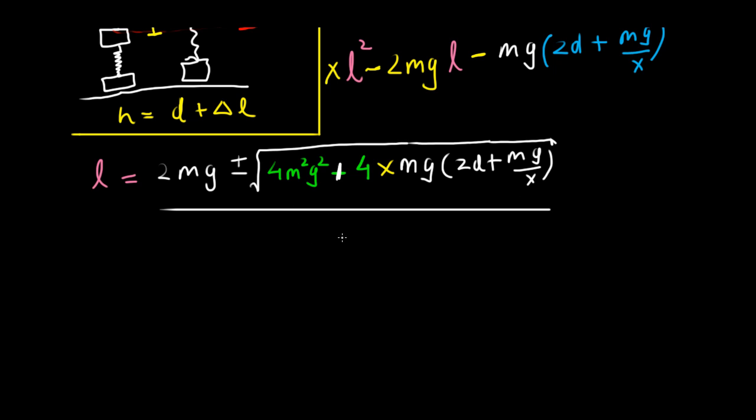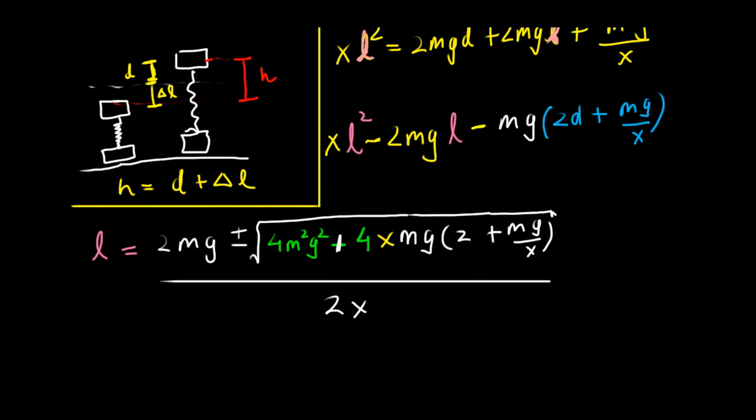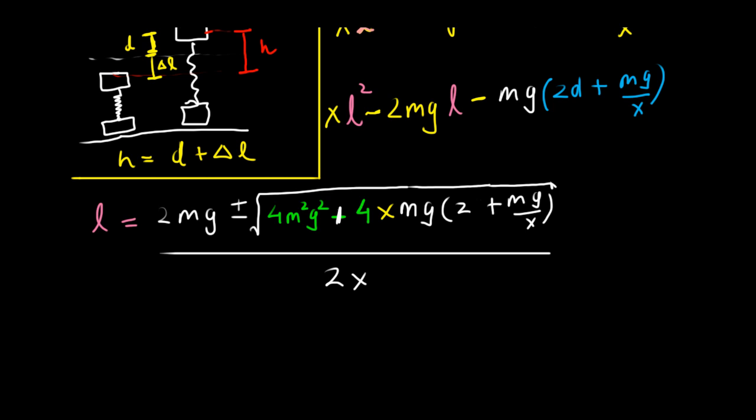All of that over 2a, which is 2x. Okay, and now I will substitute d as mg over x, so I get 2mg over x. So basically this becomes 3mg, right? I'll write it over here. So this becomes a 3mg over x.